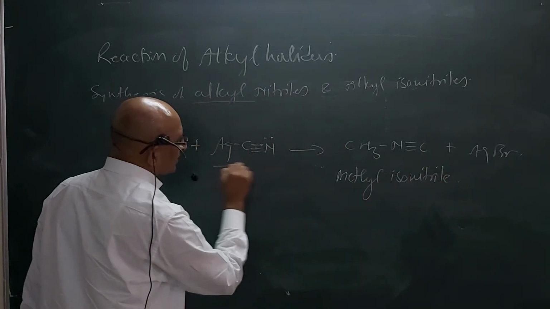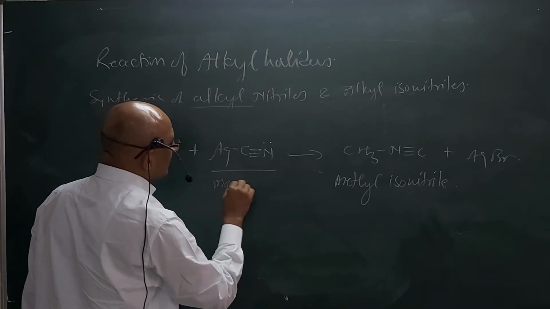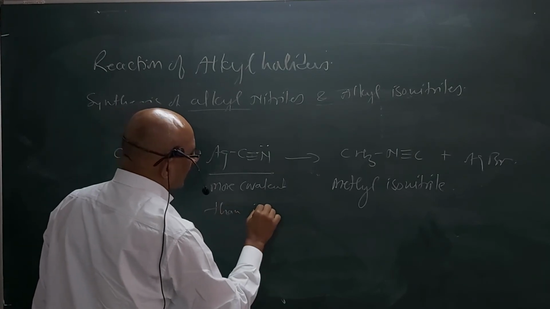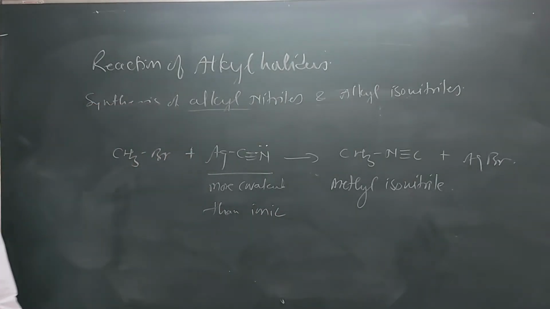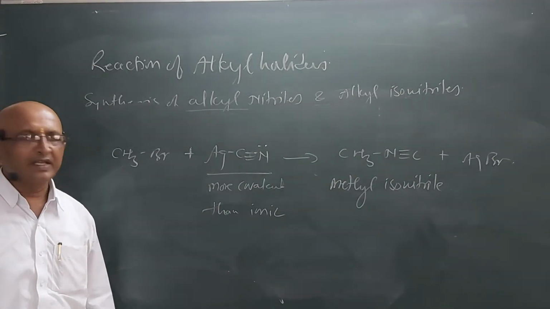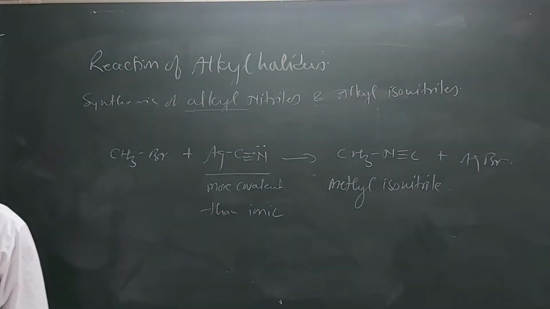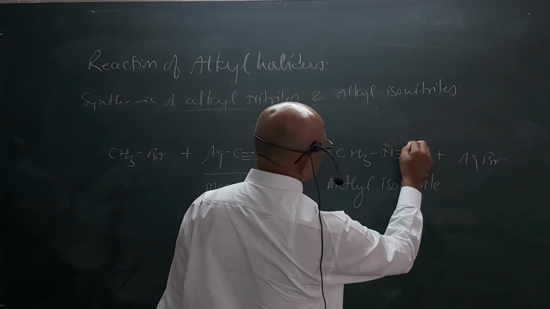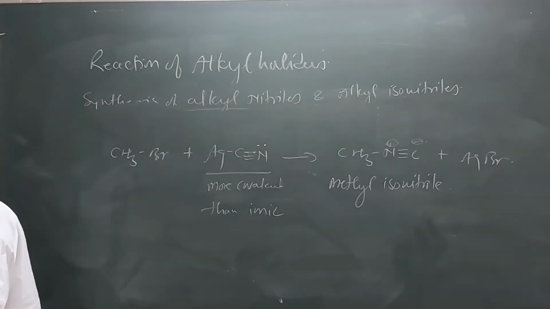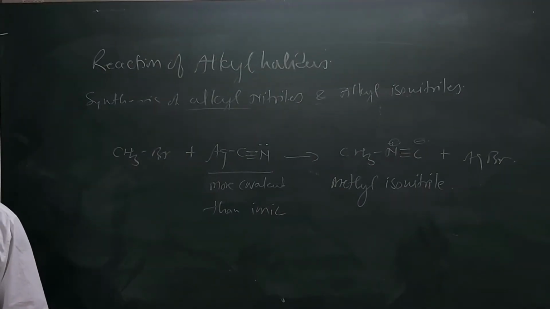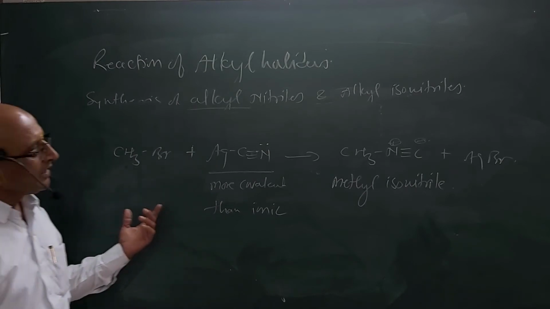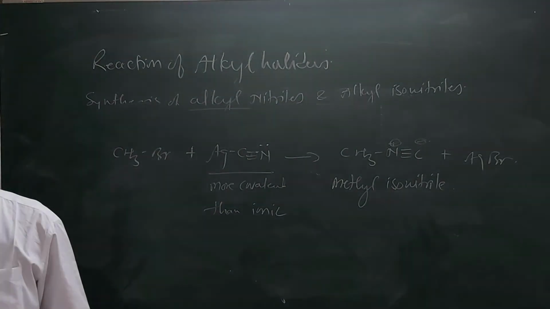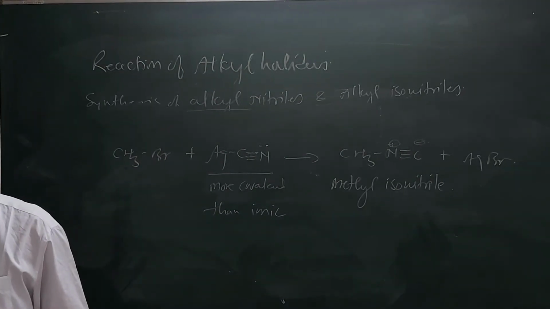This happens because AgCN is more covalent than ionic, whereas NaCN or KCN is ionic in nature. So the nitrogen donates the electron pair easily, and you get the formation of isonitriles. In this way, the isonitriles can be prepared from the different types of alkyl halides. So this was the simple mechanism of this reaction.